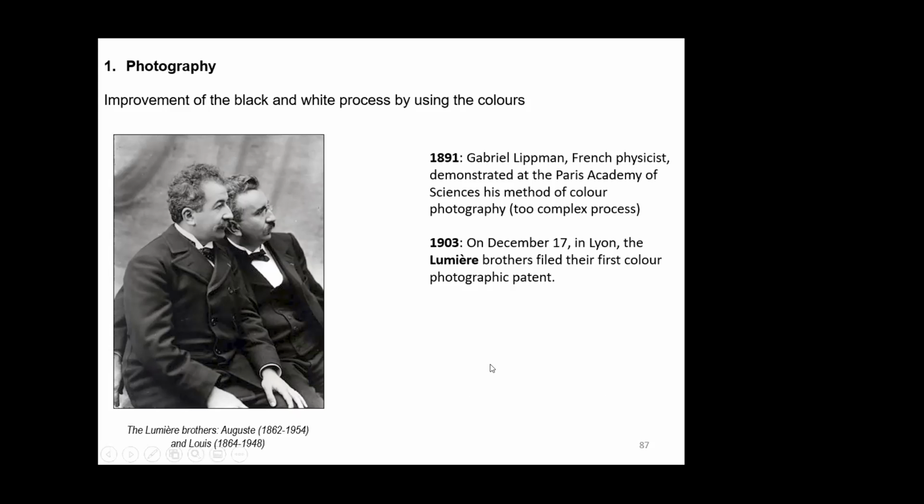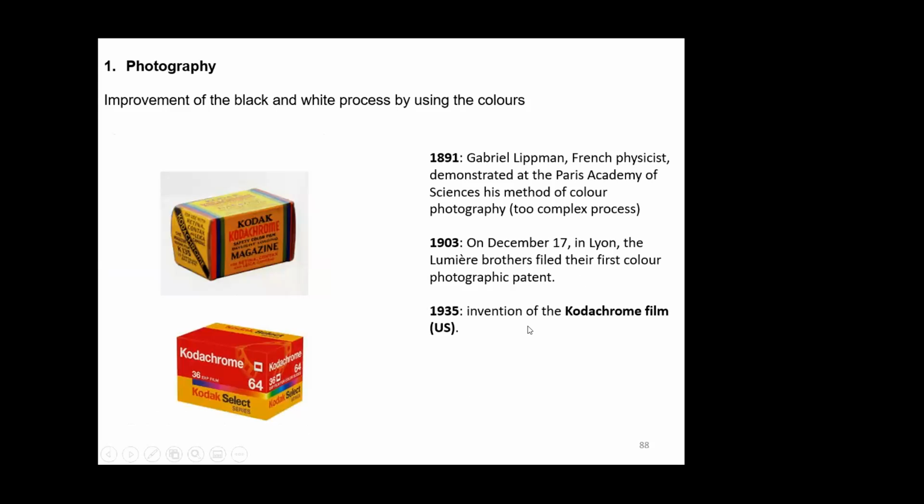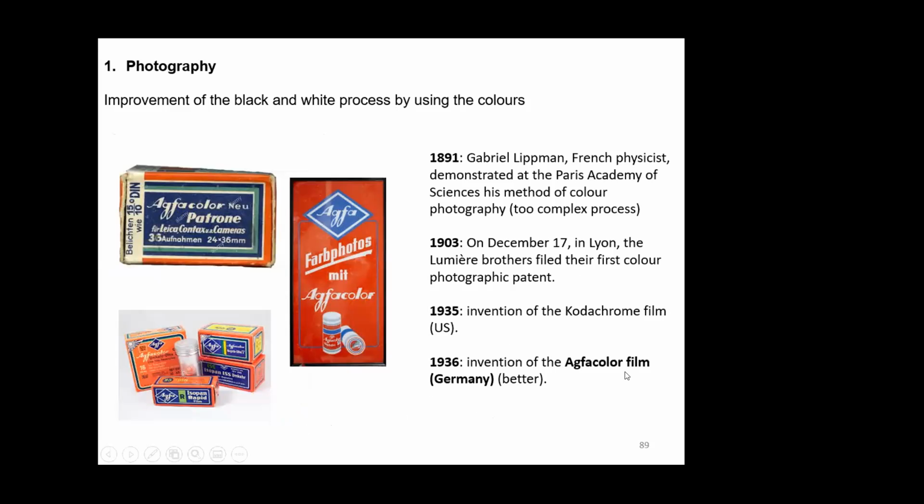They were from the city of Lyon. And after, color photography was developed by the Americans: in 1935, the Kodachrome film was invented. Very easy to improve in the field, but with not very good color. And the Germans invented the Agfa color film as early as 1936.